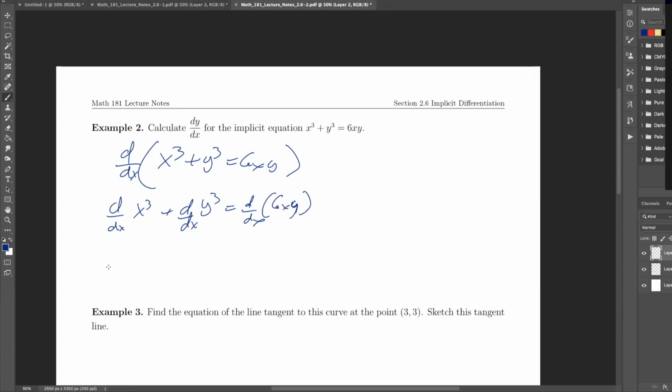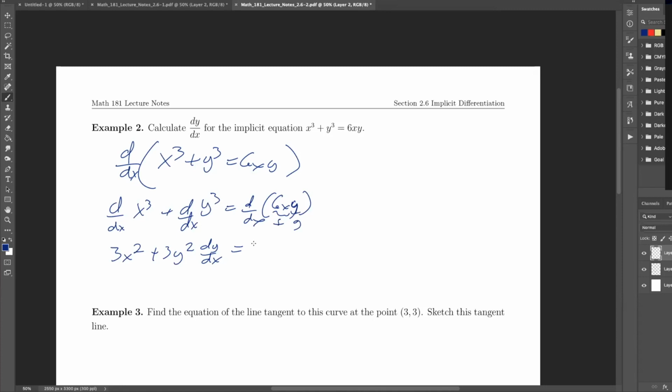Okay. In this case, the derivative of x cubed is 3x squared. The derivative of y cubed, remember when we have a y here, we're going to take the derivative with respect to y, which is 3y squared, and then we're going to add a dy dx. Here, we're going to have to use product rule, because here I have an x and a y, right? So I'm going to call this my f, and this is my g.